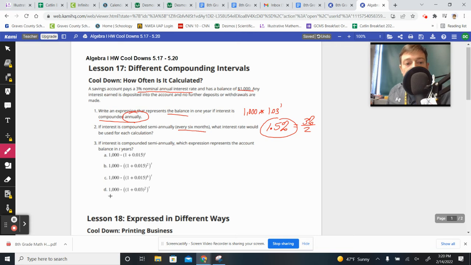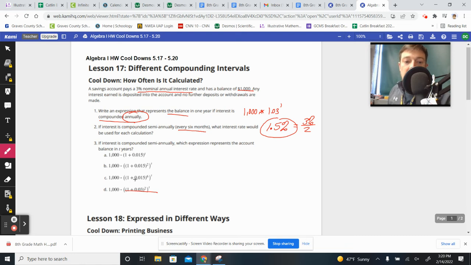And that's why in the expression, when we look at this, we don't want to use this one because they're using 3%, not 1.5%. These three are using 1.5%. So on this last one, if interest is compounded semi-annually, which expression would represent this account balance in t years? So we know that we're going to use this as our factor, which is why it limits it to these.